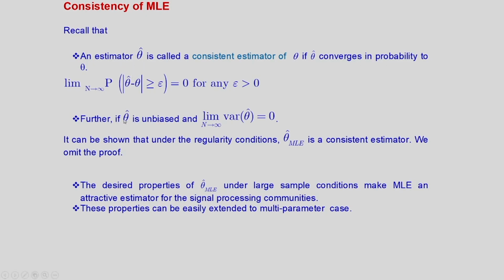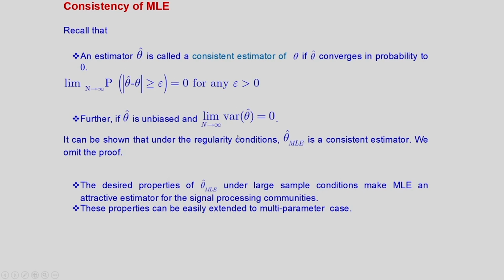Further, if theta hat is an unbiased estimator, then the condition for consistency is this: limit of variance of theta hat as n tends to infinity is equal to 0. If this happens, then theta hat will be a consistent estimator. Now, it can be shown that under the regularity conditions, theta hat MLE is a consistent estimator.